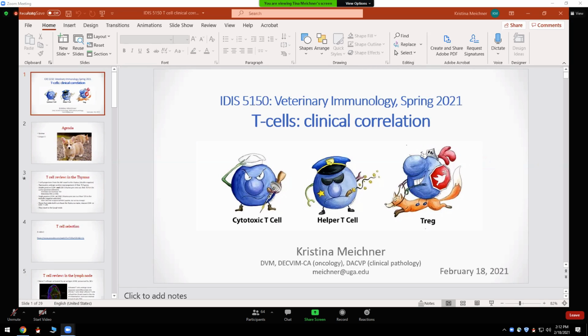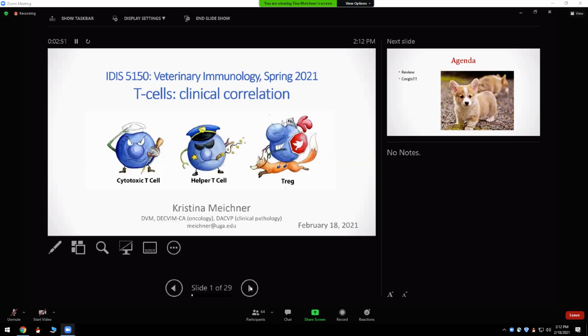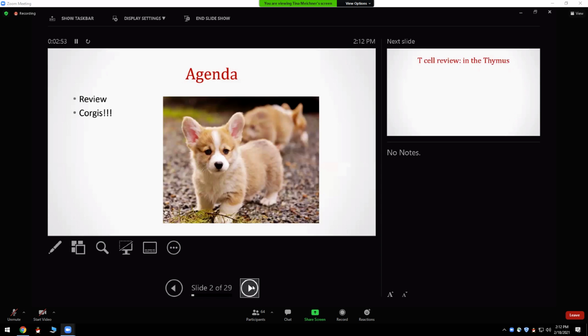But before we do that, I want to review a little bit what we discussed last time, some important points to highlight. And we'll talk a little bit about corgis today in our clinical case.